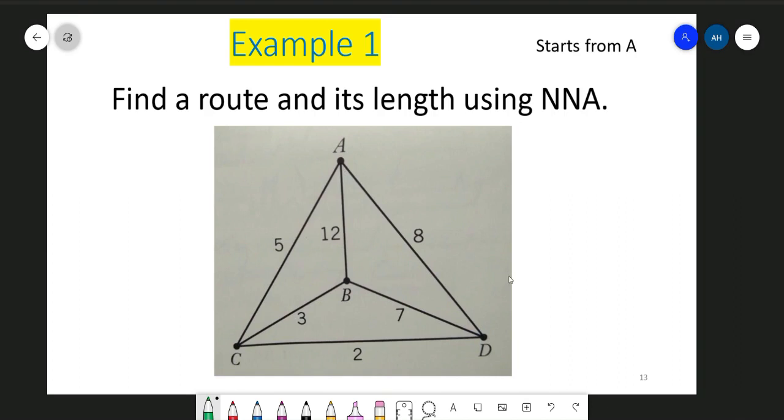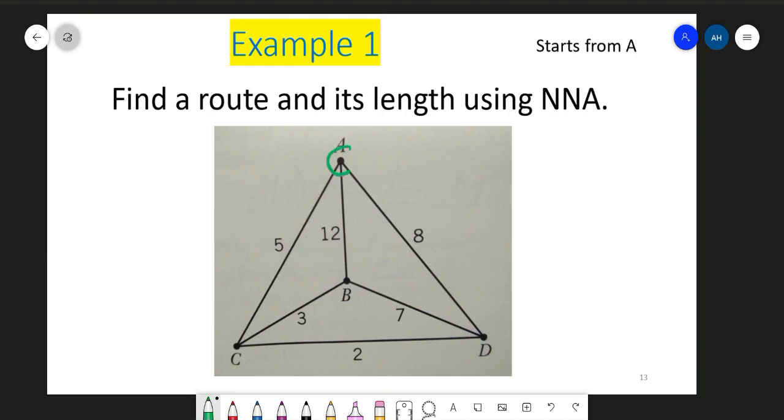We are asked to find, starting from point A, the Hamiltonian circuit, following the nearest neighbor algorithm. Now let's do our first example.